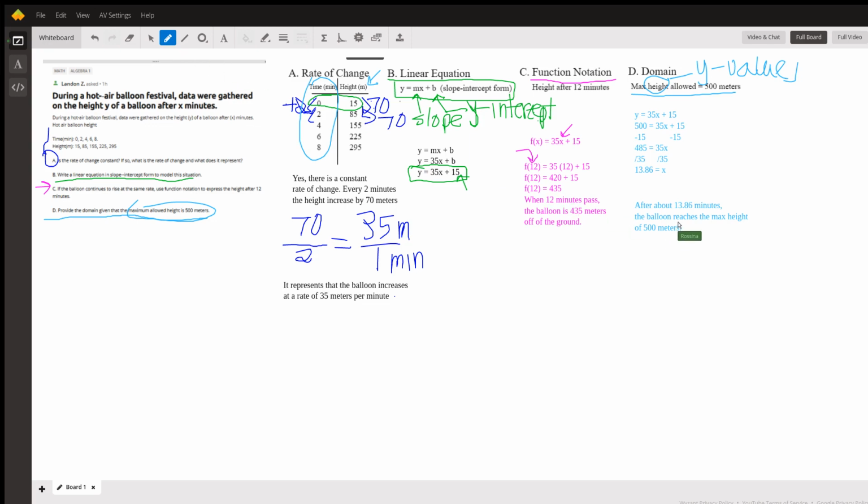And so we're going to say my domain starts at, and we're going to use a hard bracket, 0 minutes, and the maximum time would be 13.86. And the reason it's 13.86 is because this problem told us that the maximum height allowed for this balloon is 500 meters, and that happens at 13.86 minutes.